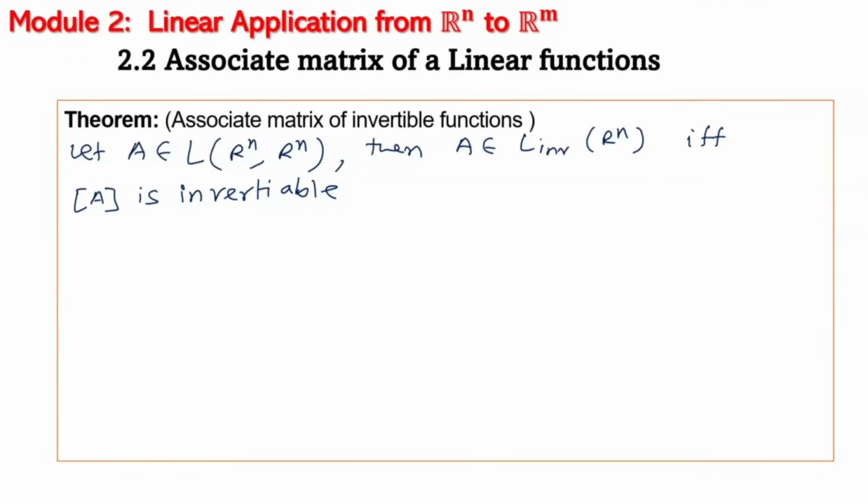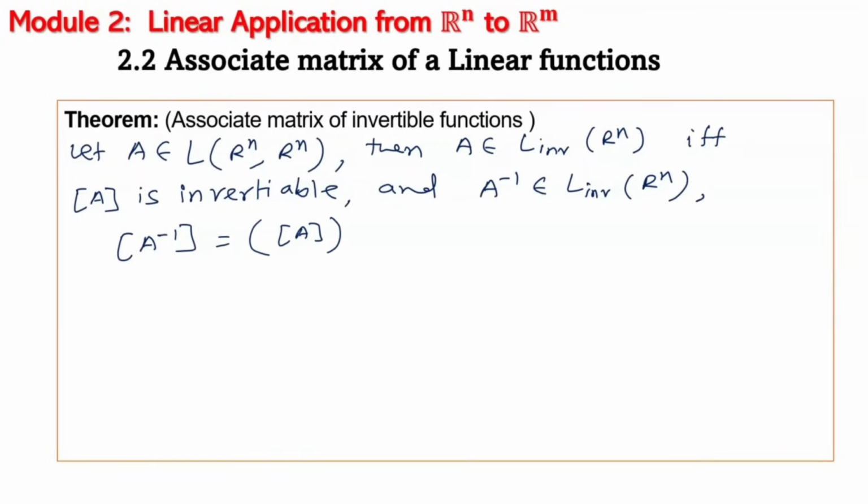The matrix A is invertible and A inverse belongs to L inverse Rn, that is, the inverse function is also invertible, and the matrix of A inverse is equal to the inverse of the matrix.